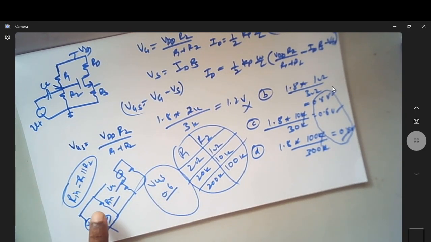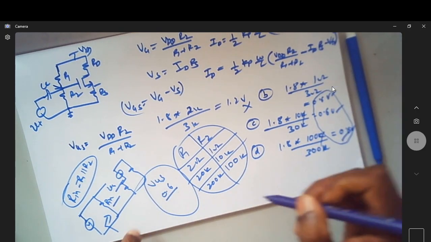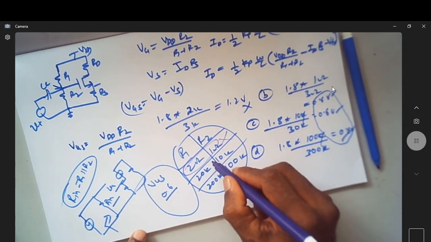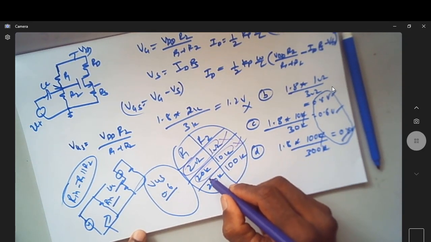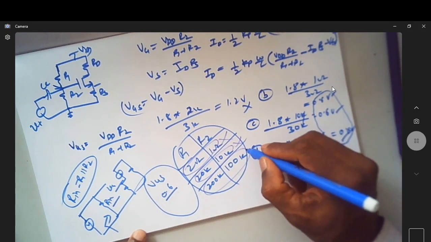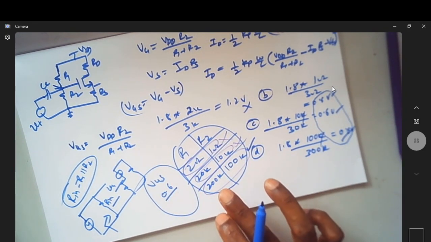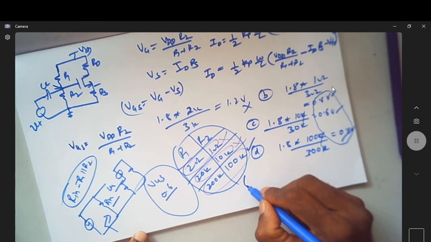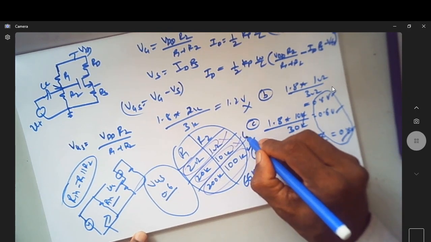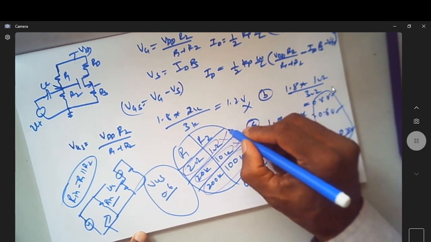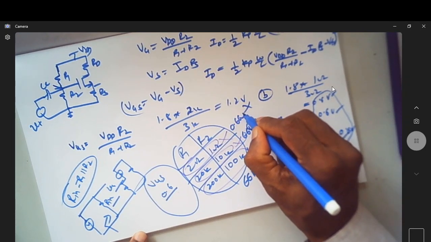I know that I have to have a larger input impedance for good amplifier characteristics. So this won't give me larger input impedance, this won't either, this will certainly give me, among these three possibilities, a better input impedance of 66 kilo ohm. Here it will be 6.6 kilo ohm, here it will be 0.66 ohm.